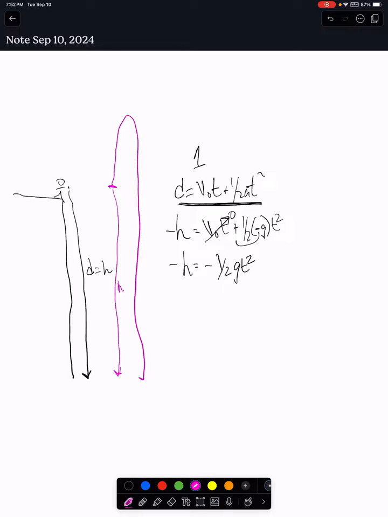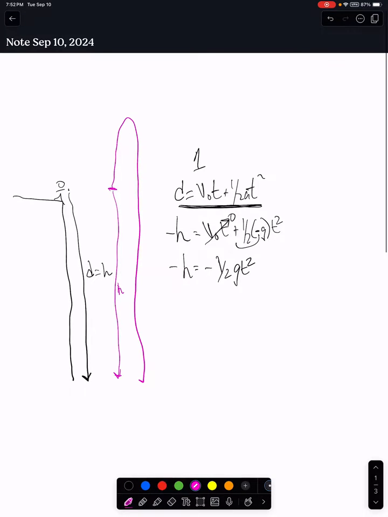Event 2, in pink or lavender or whatever I chose, you've got the same formula describing it, D equals V naught T plus 1/2 AT squared. Start with the formula, make it particular to the event.